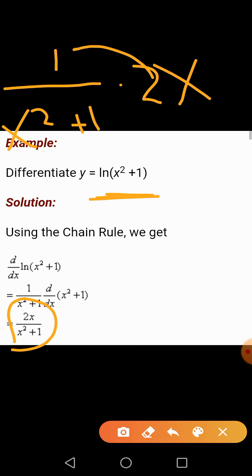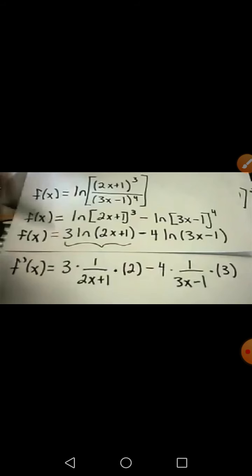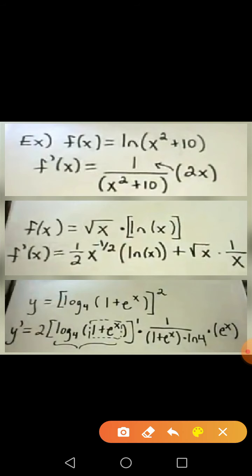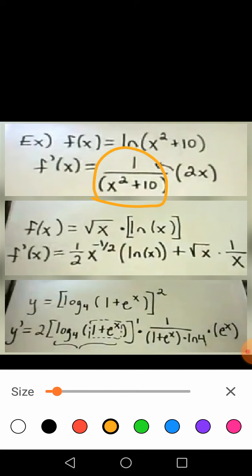You got the concept here? So you must know the rules. Now, with ln of x squared plus 10, it's the same: 1 over x squared plus 10 multiplied by the derivative of this function, which is 2x.